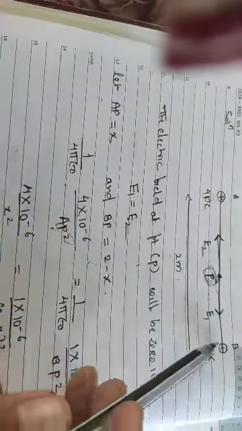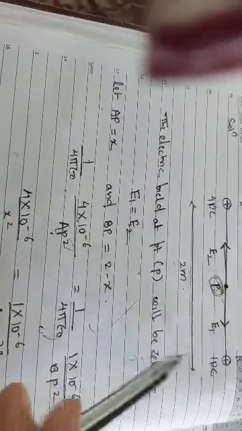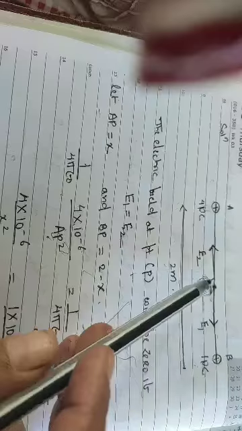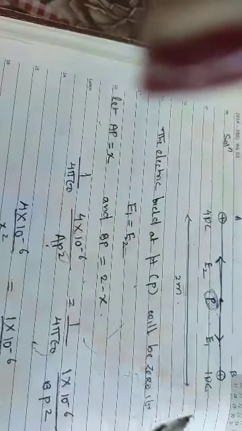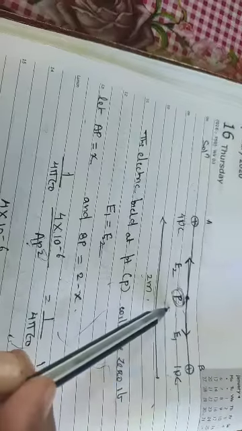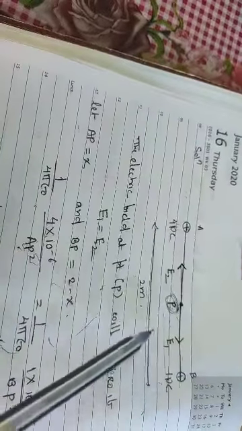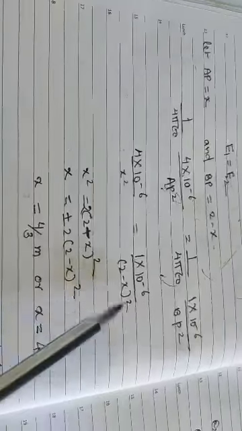Similarly, you will see 1 by 4 pi epsilon naught, charge is 1 microcoulomb, distance is BP squared. The complete distance is 2. This is x, so this much will be 2 minus x. So I have considered here 2 minus x.